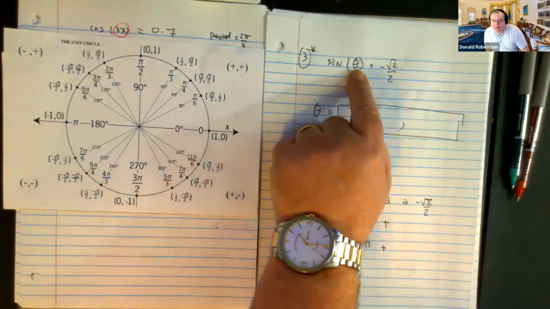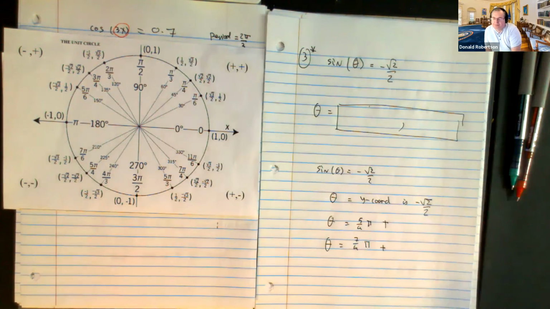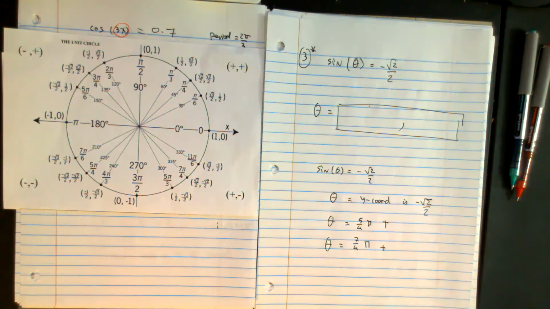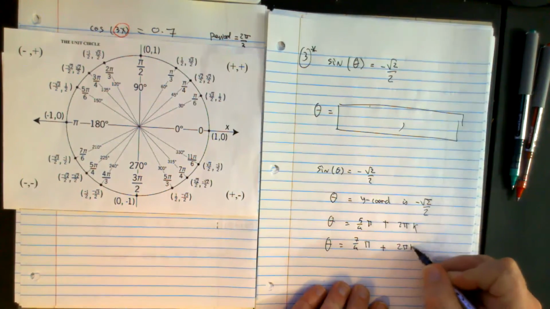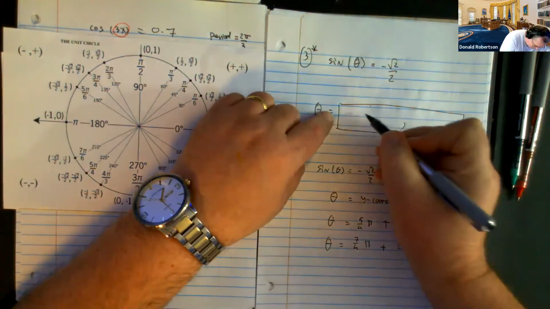What is the period of sine theta? Just a normal sine theta. What's its period? 2 pi. And so, period K. And how does it work in your homework?